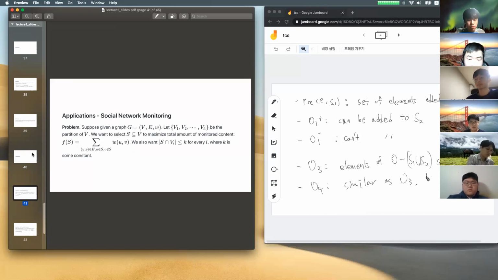There's a weighted graph modeling the social network, with vertices as users and edges whose weight connecting U and V is defined as the maximum amount of content that can go from U to V. We consider some partition of the set of users according to the users' properties, that is, a partition of the vertex set.